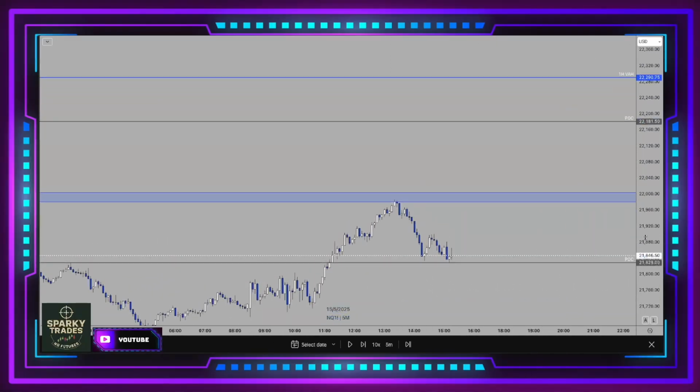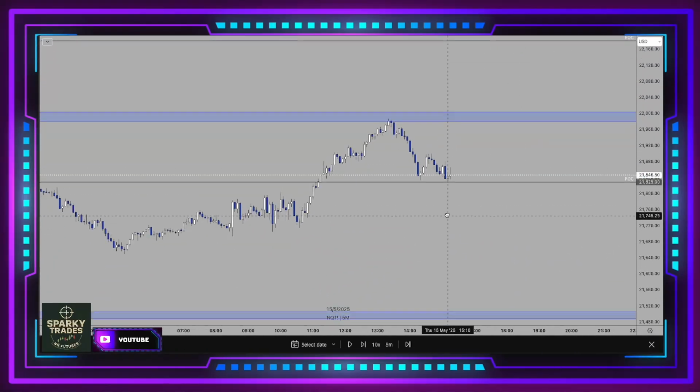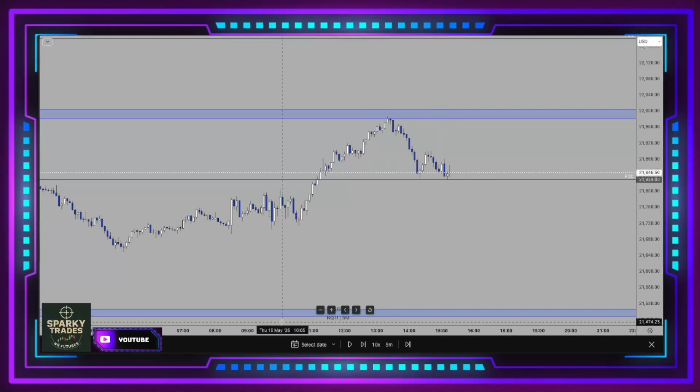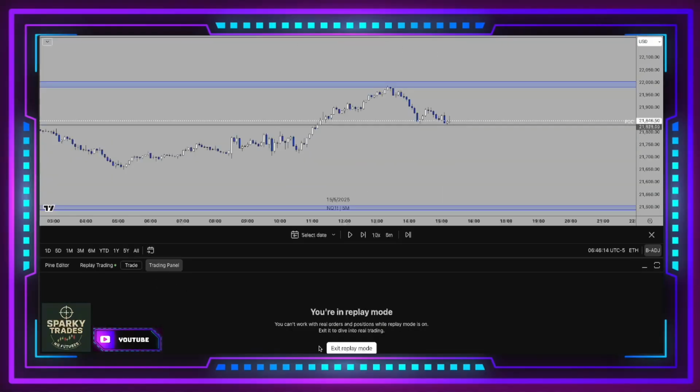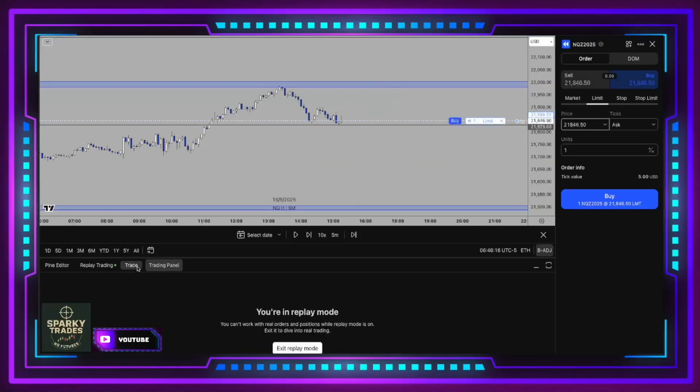So, how much is that right there? Let's say we're trading with a mini. I don't trade with a mini. I trade with 3 micros. But let's say we do trade with a mini. And there was our entry.